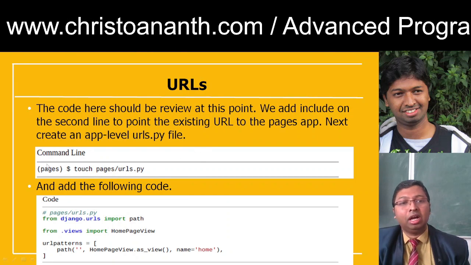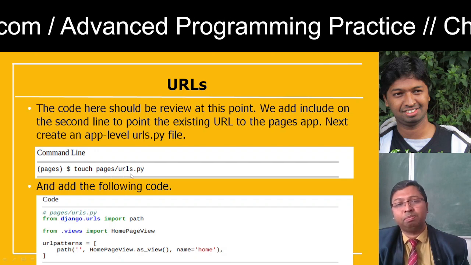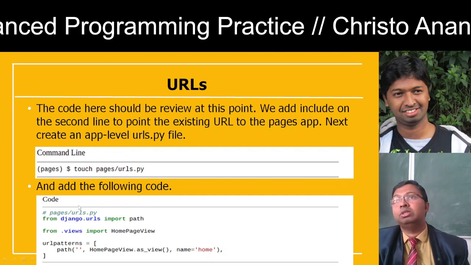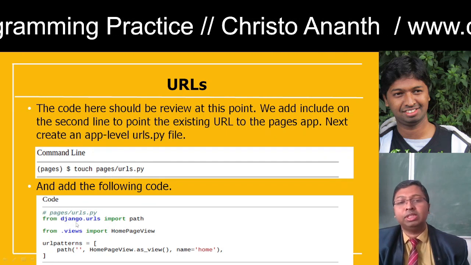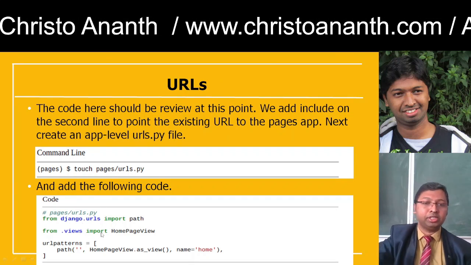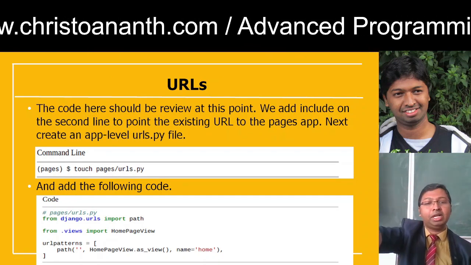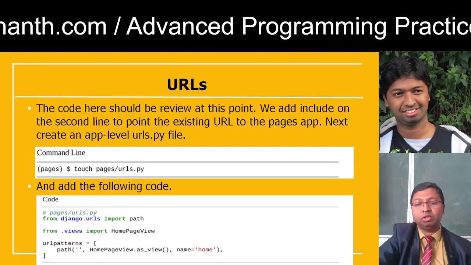On the command line, pages: $ touch pages/urls.py. Within the pages/urls.py file, you will have from django.urls import path, from .views import HomePageView, and then urlpatterns with path and HomePageView.